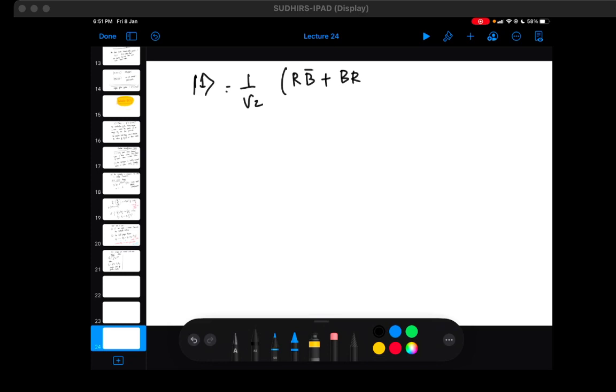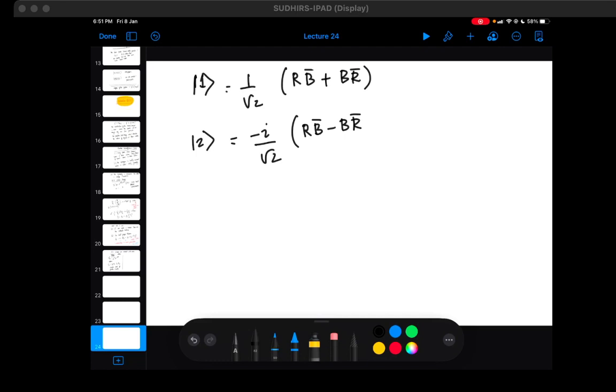The second state would be, with a factor of minus I, RB bar minus BR bar. The third state would be RR bar minus BB bar.